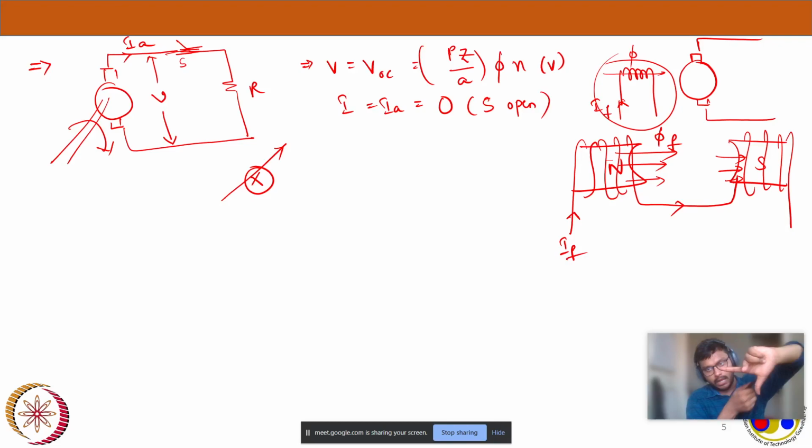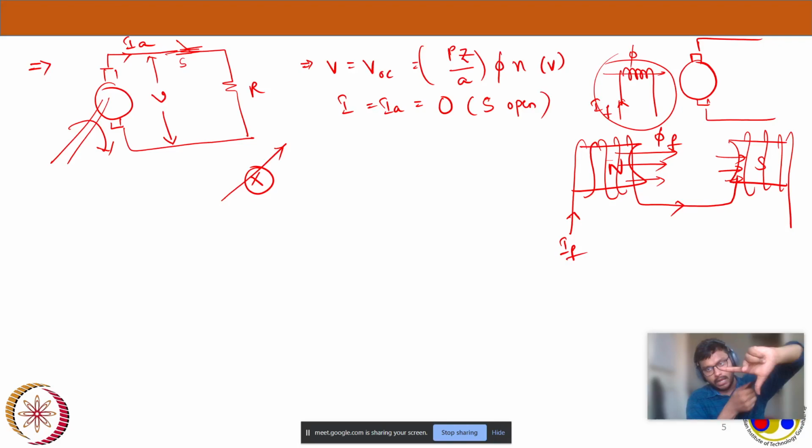Force for each conductor is equal to B average into the current. Now, if IA is the total armature current and I have four parallel paths, my current will be divided across the parallel paths.